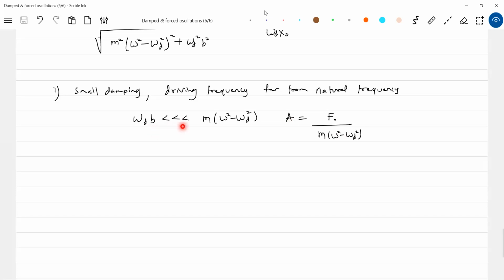If this condition is applicable, then we can go on. So when you write, when omega d is equal to omega, A tends to infinity.